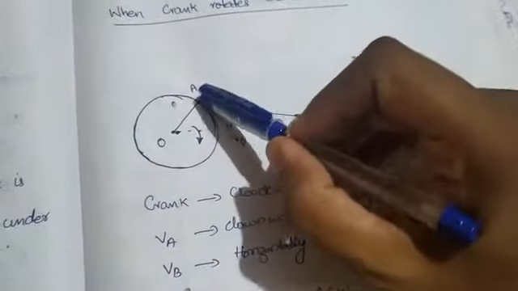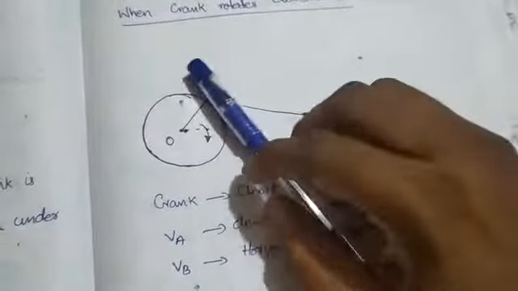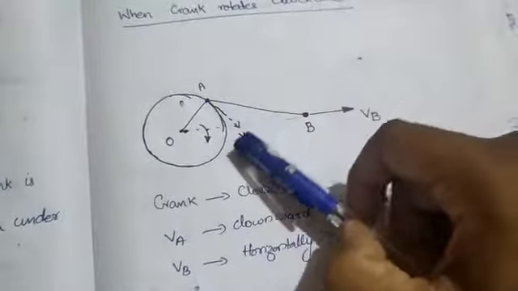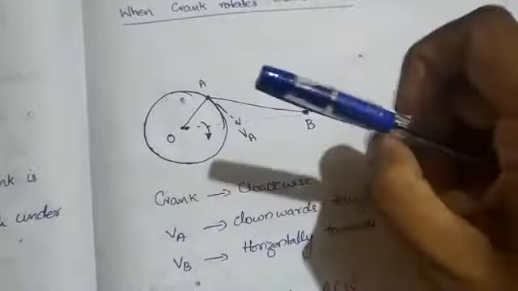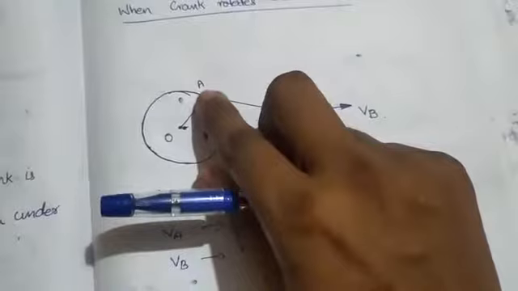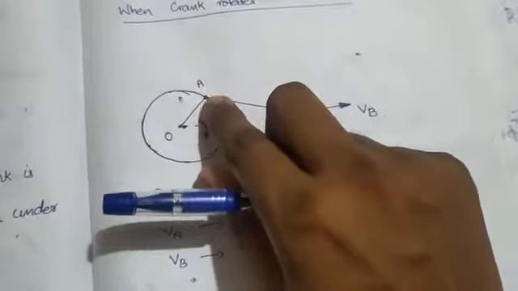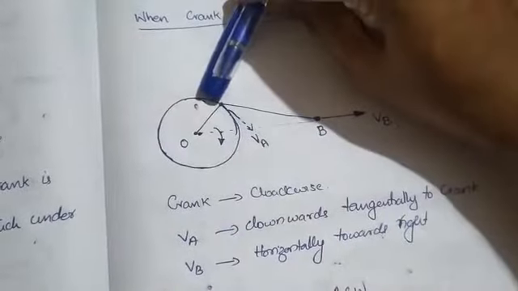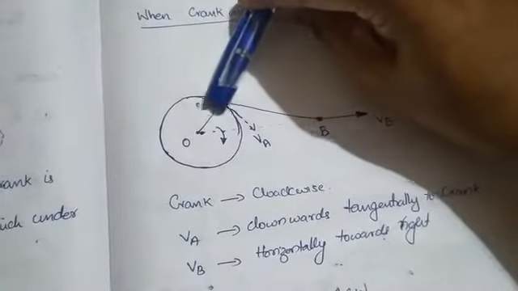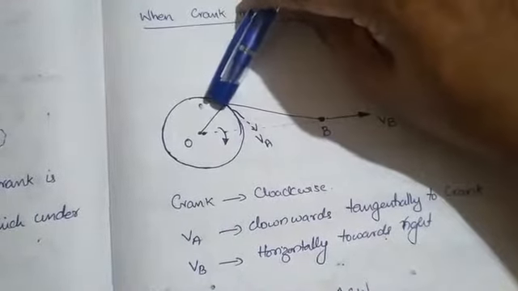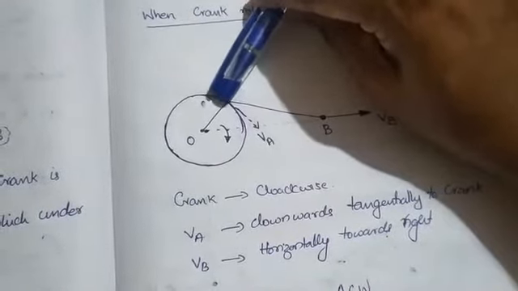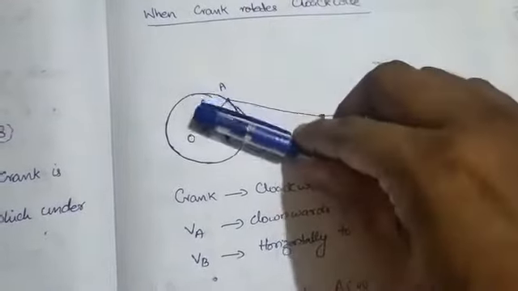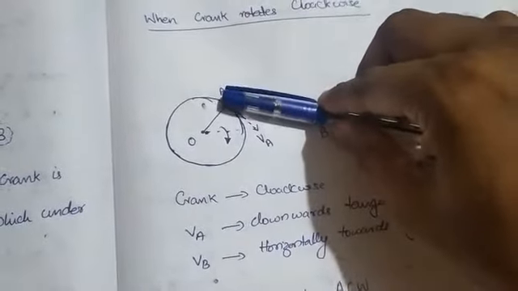So if I take a point A and draw a tangent, that will be the velocity of this, right? If this is connected to a connecting rod, the crank pushes the connecting rod at this end. It will push down.